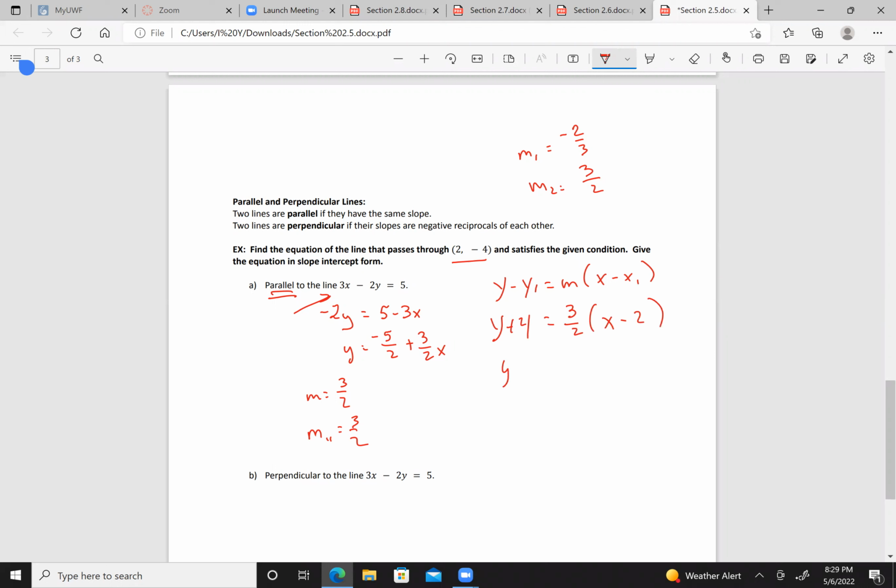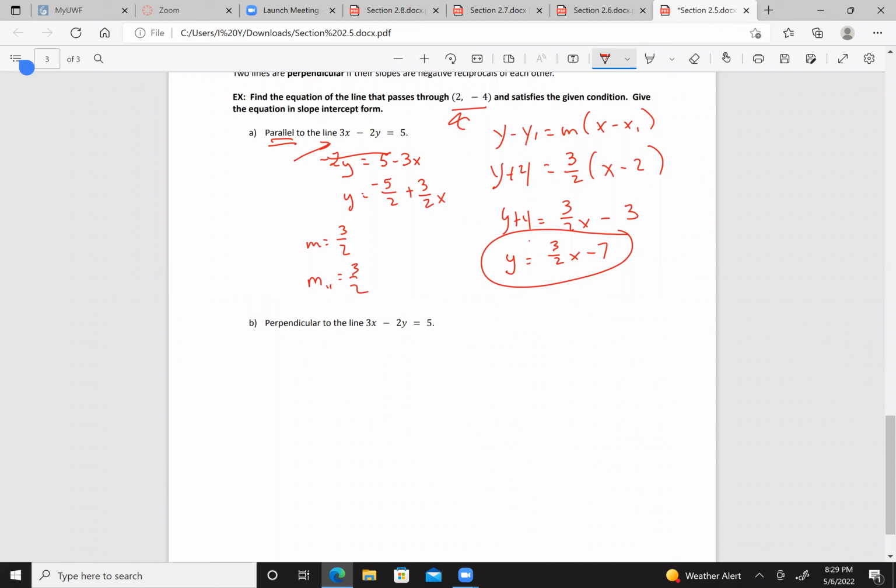So I have y plus 4 equals 3/2 x minus 6/2, which is 3. I'm going to subtract 4, and I get y equals 3/2 x minus 7. And that is my line, parallel to this line through this point.